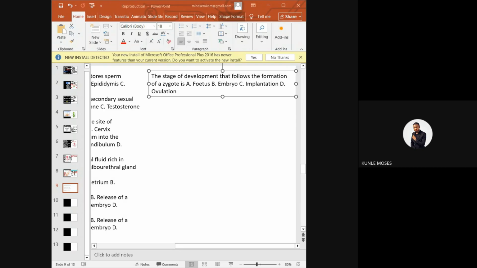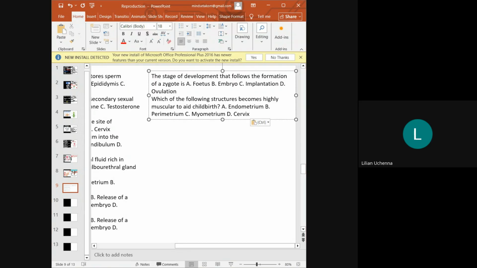Then which of the following structures becomes highly muscular to aid childbirth? Let me copy it. Myometrium.